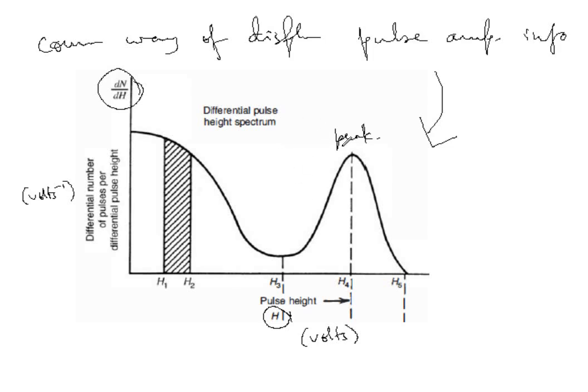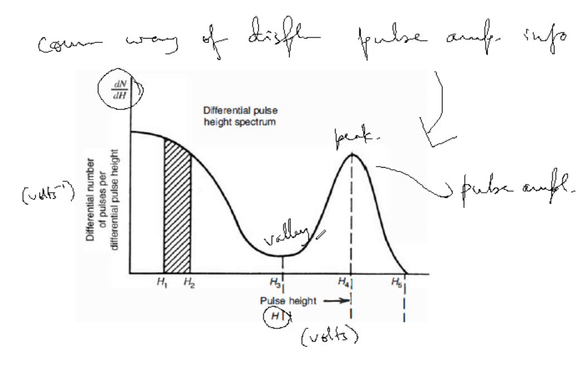They indicate pulse amplitudes about which a large number of pulses may be found. So this is basically our pulse amplitude, right? On the other hand, valleys or low points like this, say for example H3, this is a valley. So this is a peak, this is a valley, right? They indicate values of the pulse amplitude around which relatively few pulses occur.